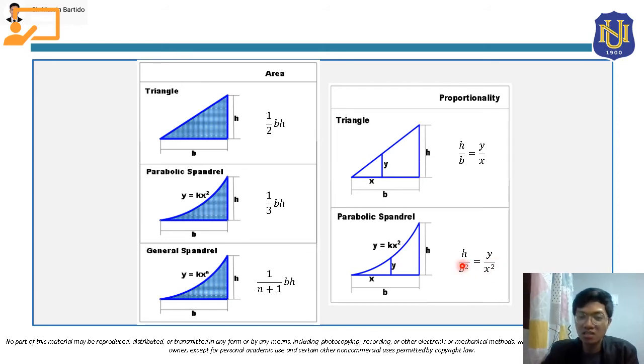Note that the denominator here is squared, and these are the bases. It cannot be b over h squared equal to x over y squared. The terms that are squared, class, are the bases, the base b and the base x.